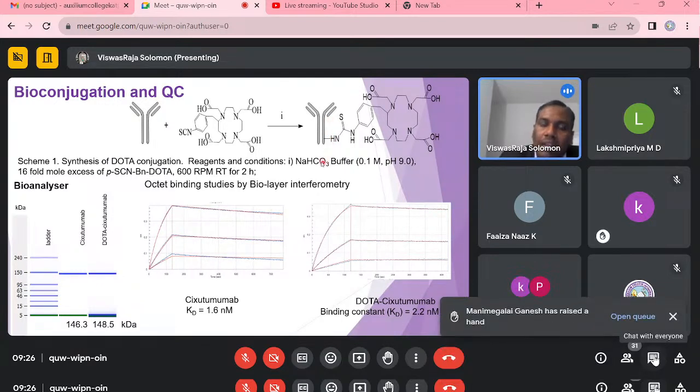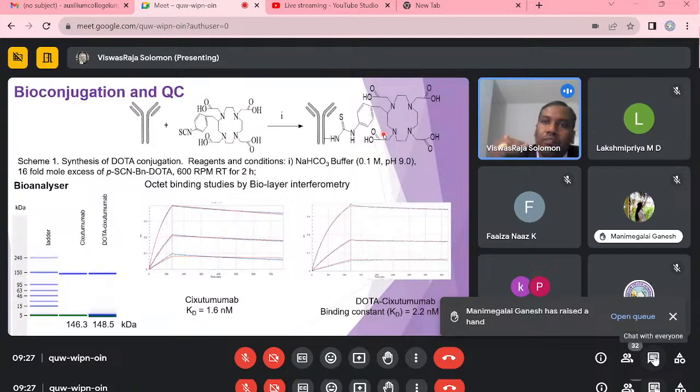For this purpose, we incubate the protein and this chelator at basic pH for 2 hours. After that, we purify the sample with the help of centrifugal filters. How does it work? It works based on molecular size.